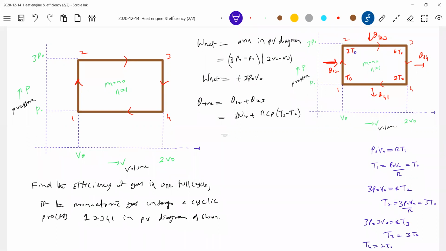Okay, let's go for delta U. What is delta U? n Cv (T2 minus T1) plus n Cp (T3 minus T2). Number of moles 1. Monoatomic gas, 3R by 2, T2 is 3T naught minus T naught.